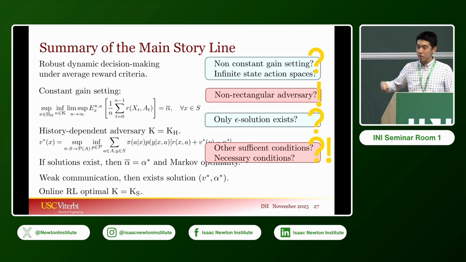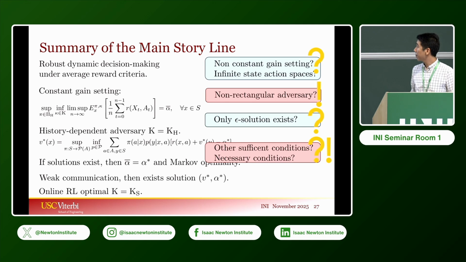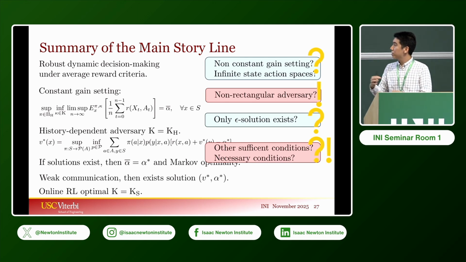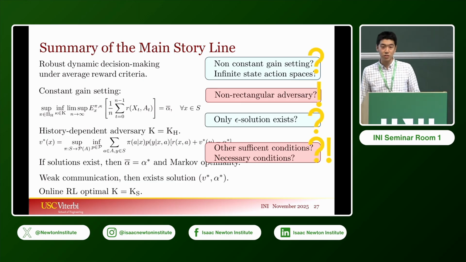Epsilon solutions typically will also lead to dynamic programming principles, but we do not know when these epsilon optimal solutions exist. And finally, is there any necessary and sufficient condition characterization for the dynamic programming principle? Basically, it's a generalization of the previous question.